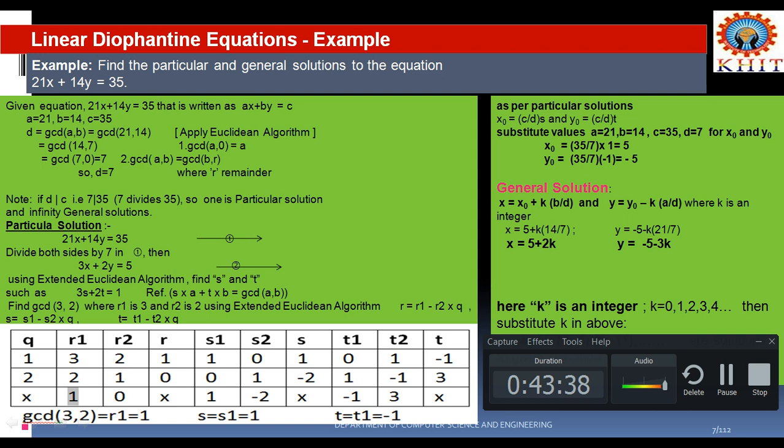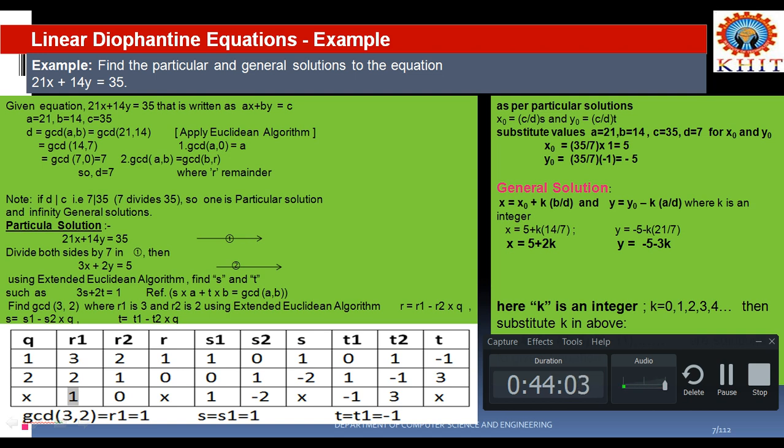Then I calculated x naught using the formula C by D into S, y naught equal to C by D into T. So x naught, y naught are 5, minus 5. After that, general solution for getting the x and y values are x equal to x naught plus k into b by d, y equal to y naught minus k into a by d, where k is an integer 0, 1, 2, 3.